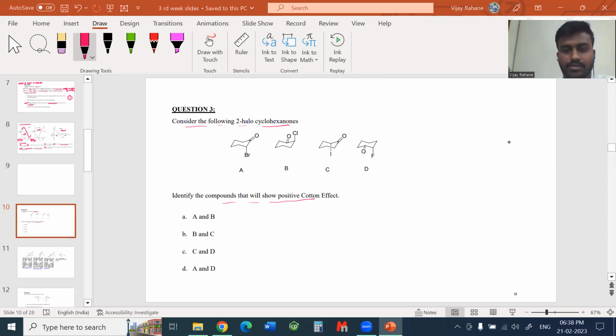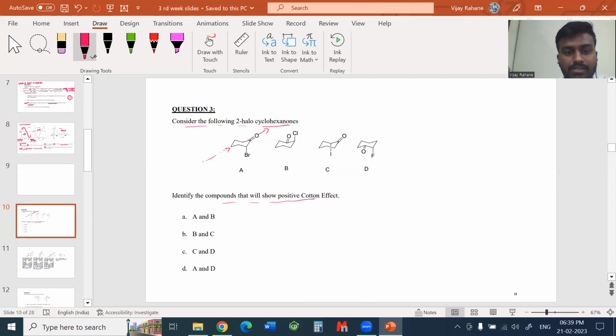We can directly plot this in the diagram as we already know, like this. But for this simple one, I don't think we need to draw. Directly here we can see the carbon at the head of the chair, right? And if you see from the side opposite to this carbonyl, then what we can see is, on the right side, the bromine group is attached.